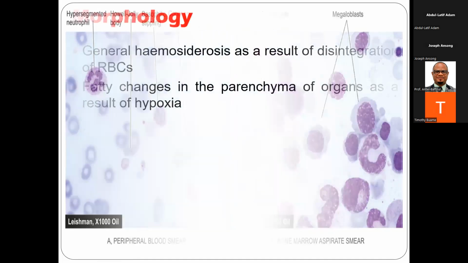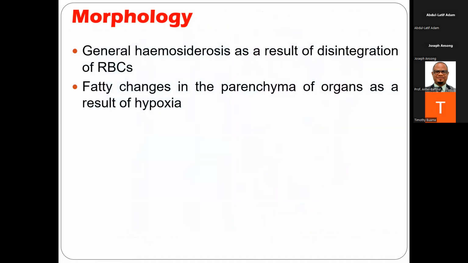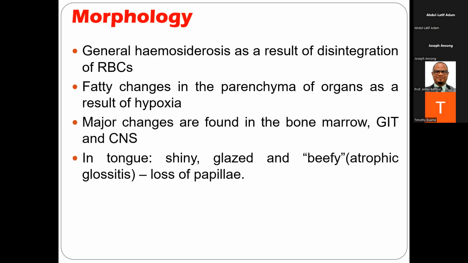If we examine the tissues, we see generalized hemosiderosis, as a result of the disintegration of red cells, so iron deposits can be seen. There are fatty changes in the parenchyma of the organs because there is hypoxia. The red cells are larger, they lack good numbers, and so they don't deliver good oxygen to the tissue. So you see hypoxia.